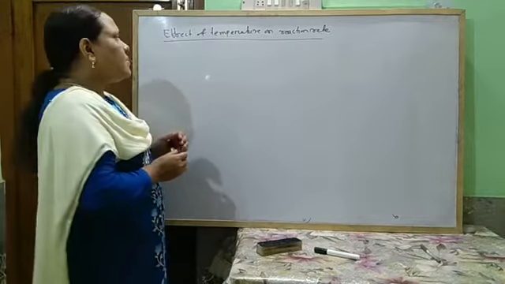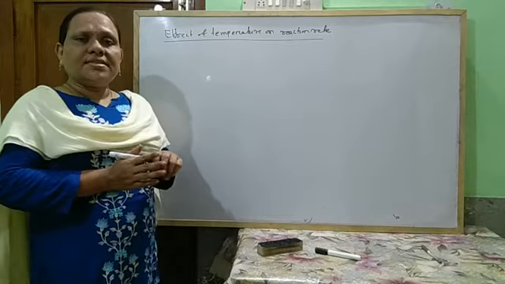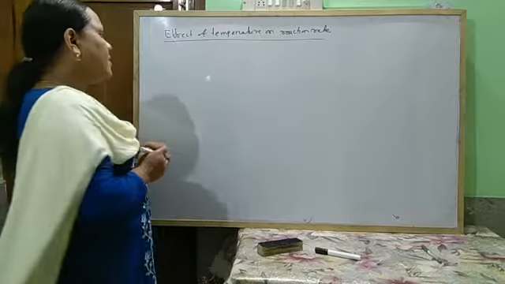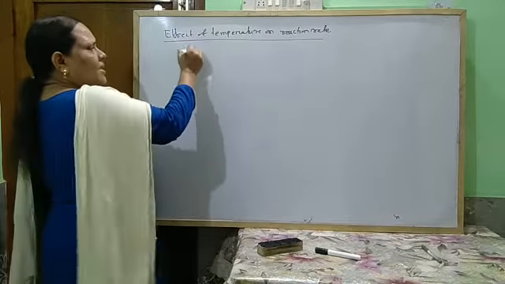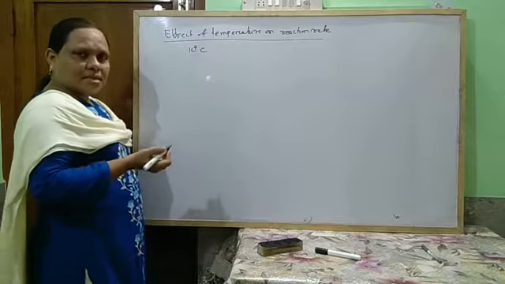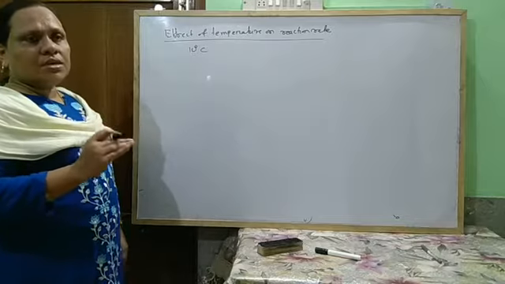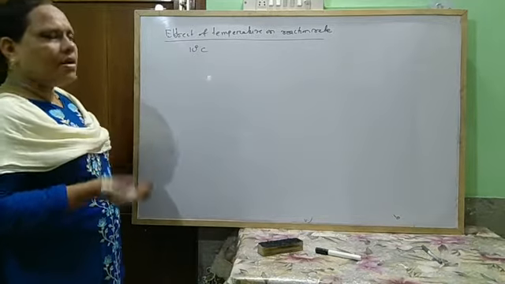The relationship between temperature and the rate constant is given by one equation. Already I have told you that for every 10 degree Celsius rise in temperature, the rate of reaction increases 2 or 3 times, it becomes double or triple.